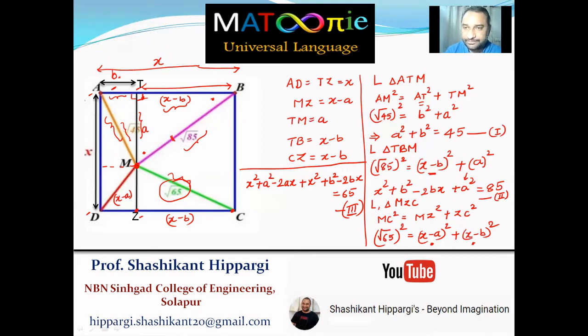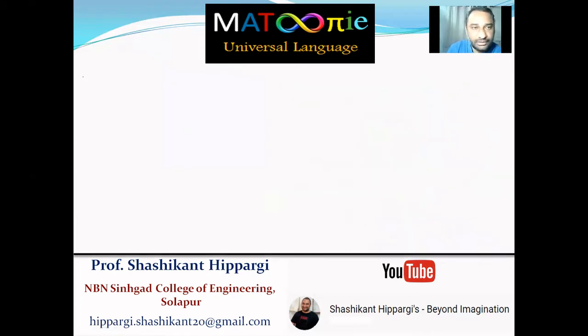So the equations are, the first one is a square plus b square equal to 45. Okay, this was our equation number 1.